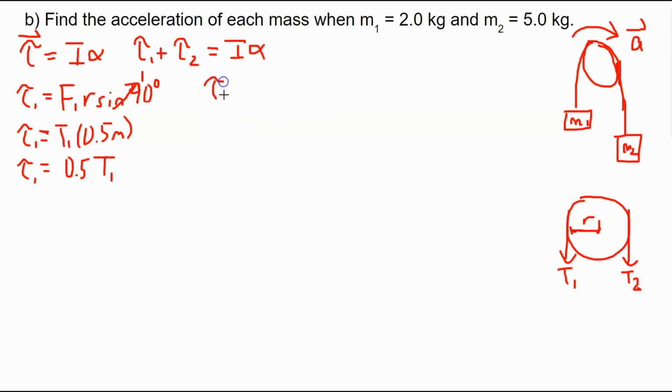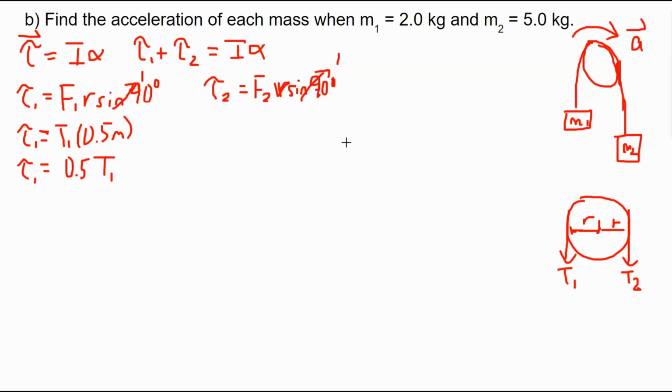Torque 2 is going to be equal to force 2 times the radius times sine of 90 degrees, because again, this force is perpendicular to the radius, so it's going to be a 90-degree angle, and we know that sine of 90 degrees is just 1.